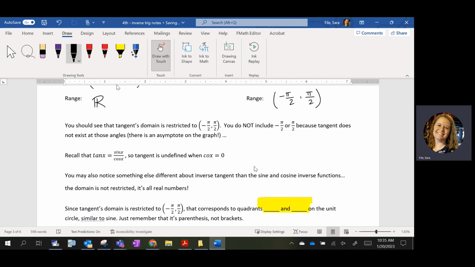Our solutions when we're doing inverse tangent or arctangent, our answers are only going to come from quadrants 1 and 4. 1 when it's a positive tangent value, and 4 when it's a negative tangent value. Now, it's important to make sure we understand it does not include the -pi/2 or the pi/2. Tangent doesn't exist at those. That's why there's asymptotes on the graph. Okay? So we're going from -pi/2 to pi/2, but we're not including them.